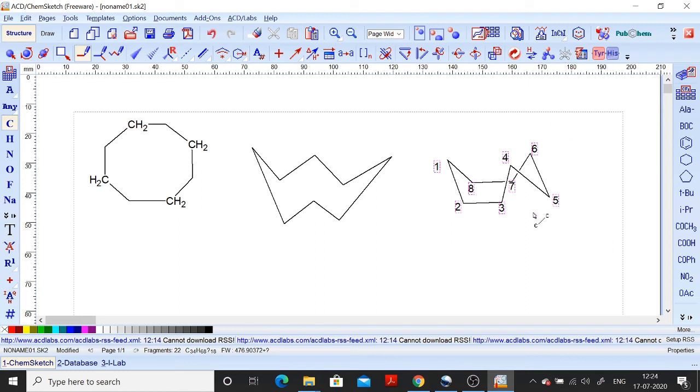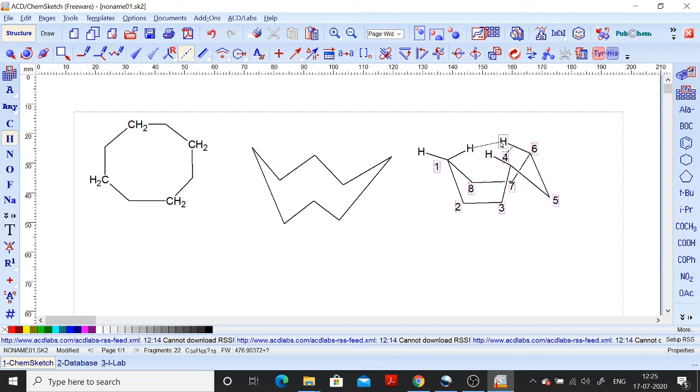Now, in this boat-chair conformation, we see the first carbon having two hydrogens here. This hydrogen will be at a closer distance to the hydrogen atoms of the fourth and the sixth carbon atoms. So they will have a kind of repulsion between them.